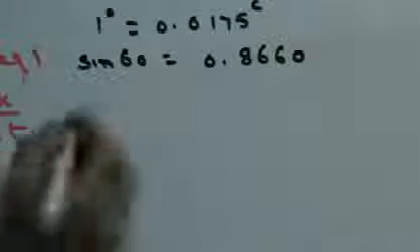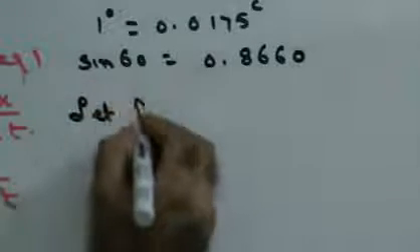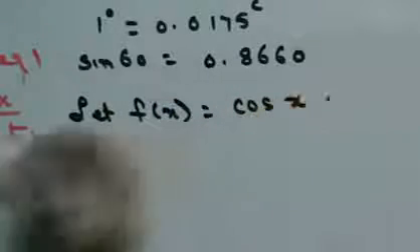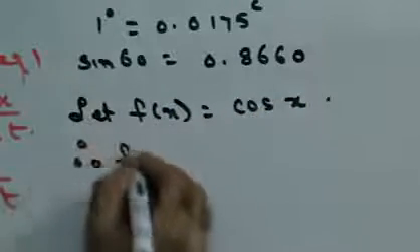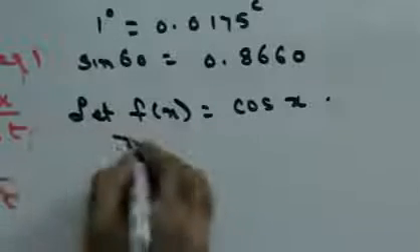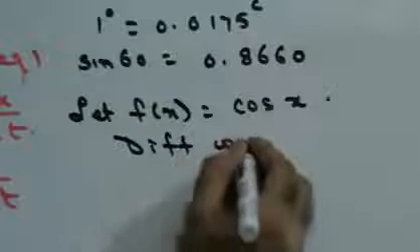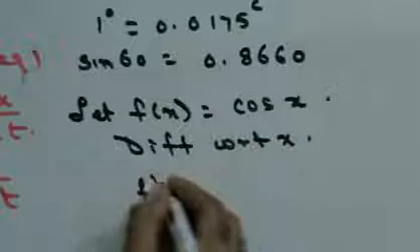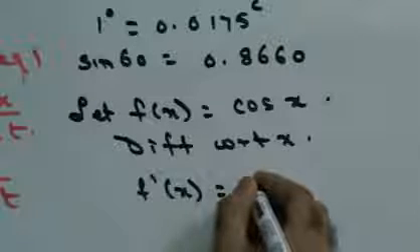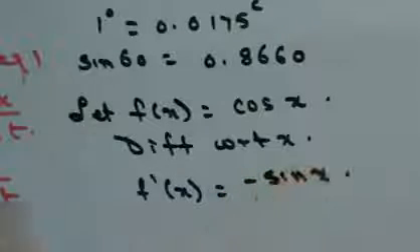Same logic, whatever they ask you to find out, you assume that to be f of x. So you will say let f of x be equal to cos x. Therefore, if I differentiate with respect to x, I will get f bar of x, dy dx of cos x, minus sin x.